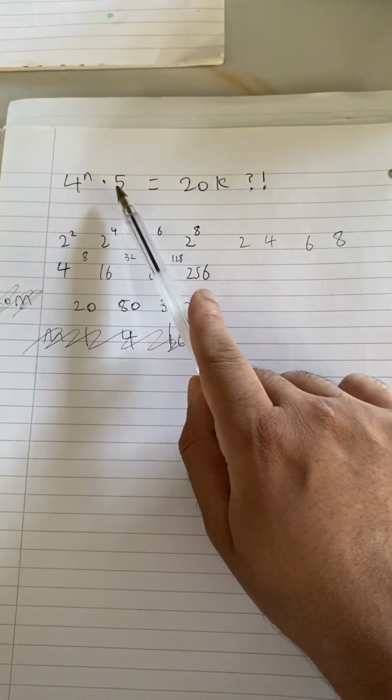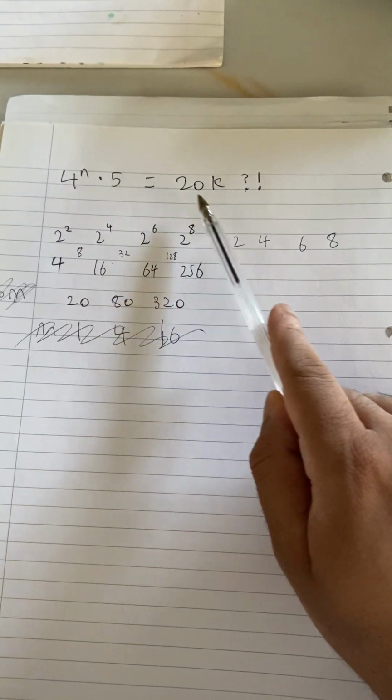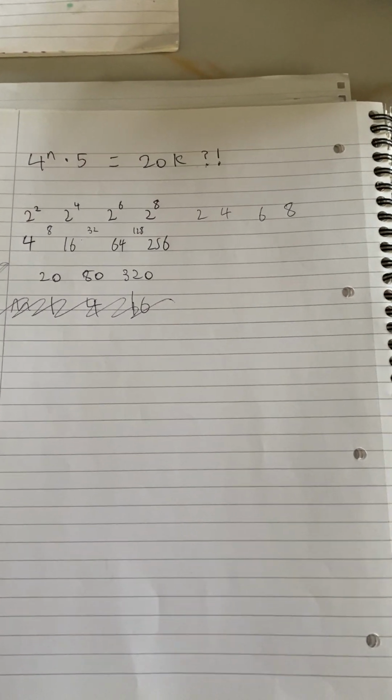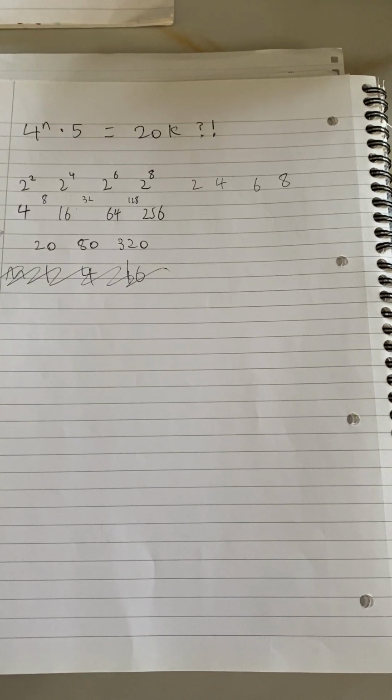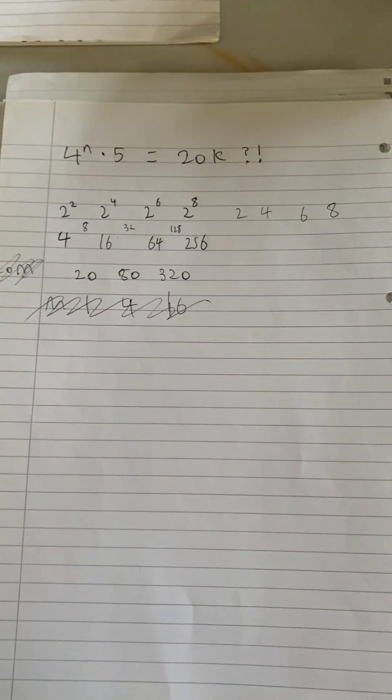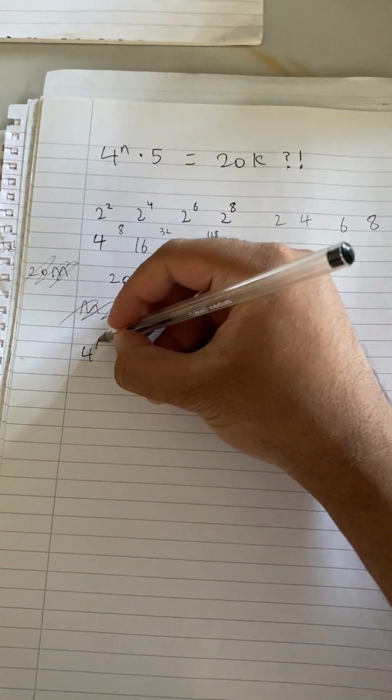How 4 to the power n times 5 equals 20k. I couldn't wrap my head around it, so I went away, did a bit of thinking, came back, and this is what I got. So if you break down 4 to the power n, what is that?